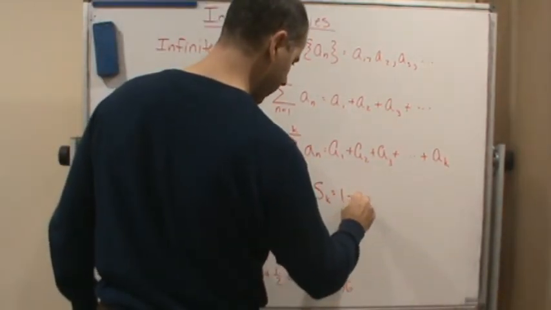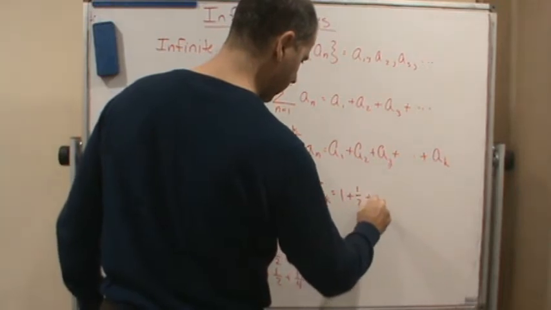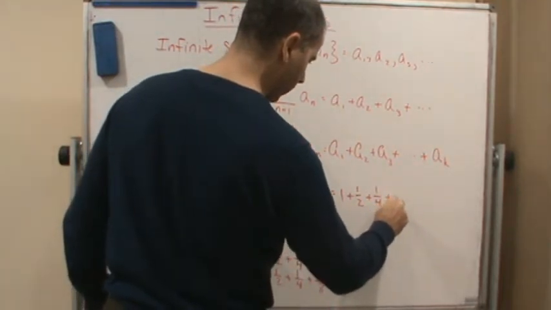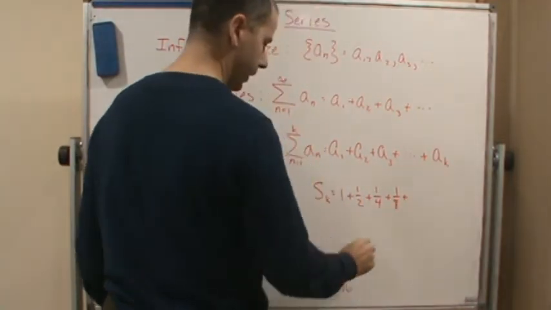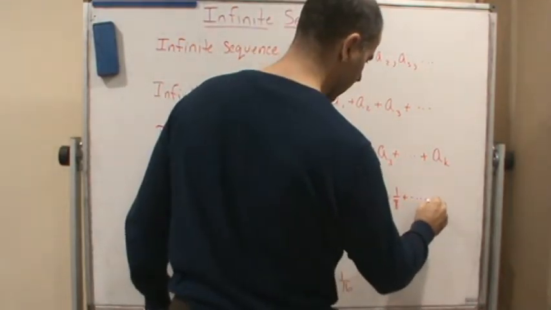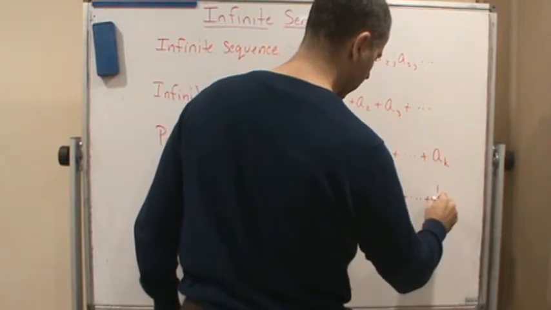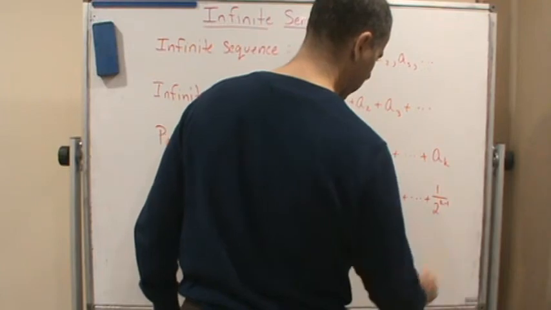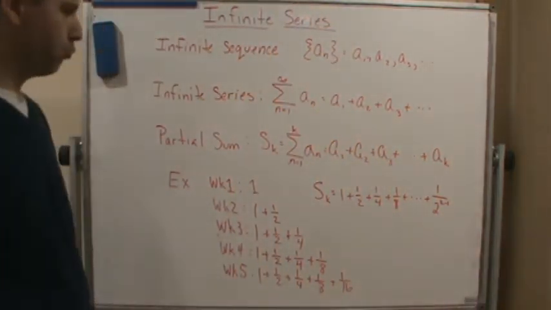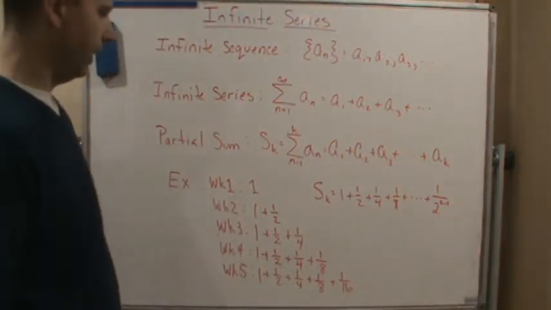It's going to be 1 plus 1/2 plus 1/4 plus 1/8, and it keeps going, dot, dot, dot, and the last term is 1 over 2 to the K minus 1 power. Why?